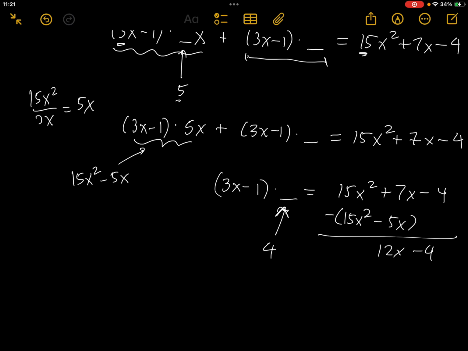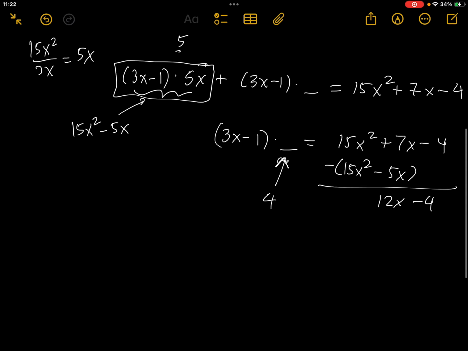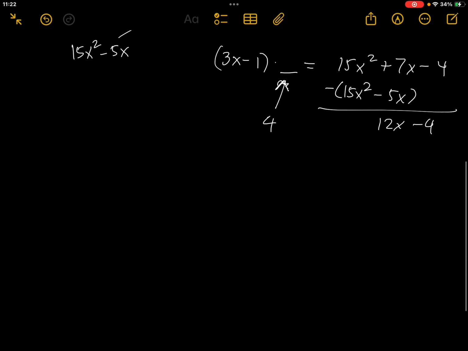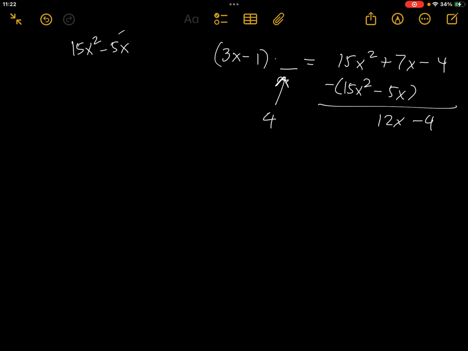And then once we figured out that the first number is 5, we were able to figure out what this term was. You subtract it on both sides, and then you get a next blank. 3x minus 1 times blank is 12x minus 4, and then we were able to figure out what goes in the blank. So one way to organize what we did is to do this.